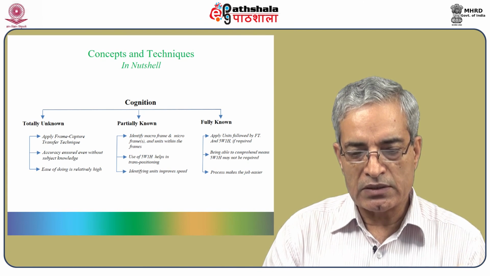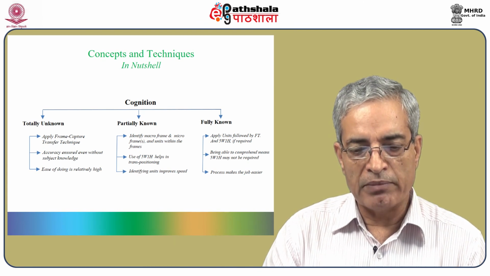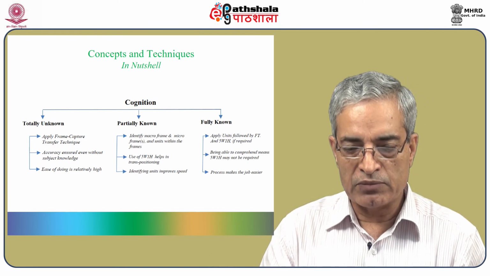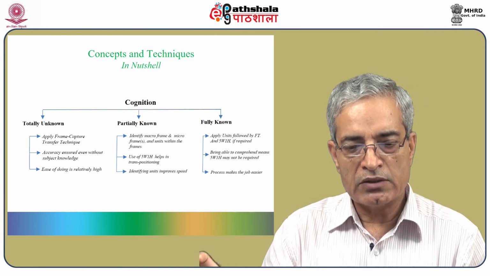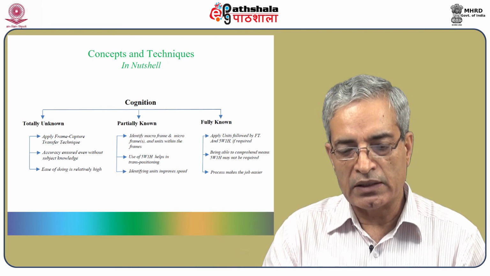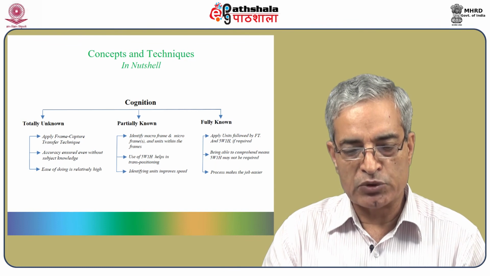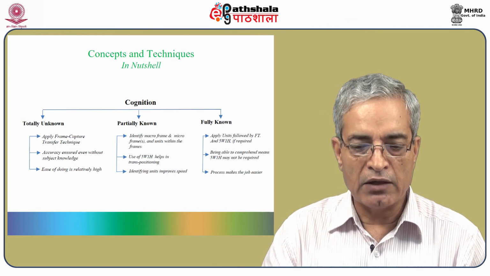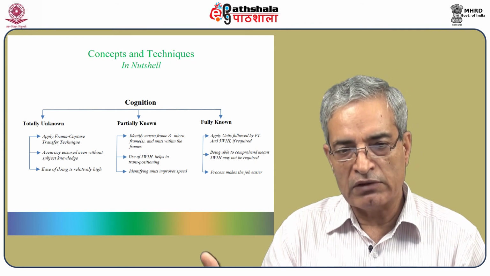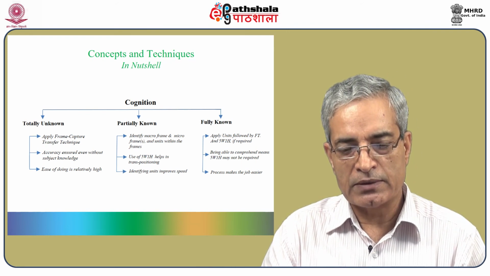In such cases, the best way is to identify the macro frames and the micro frames, and segregate the units within the frames. Then try to use 5W1H. This will help you in doing the transpositioning. And finally, identifying units improves the speed, which I would like to mention here. Otherwise, you can even leave out the identification of the units.